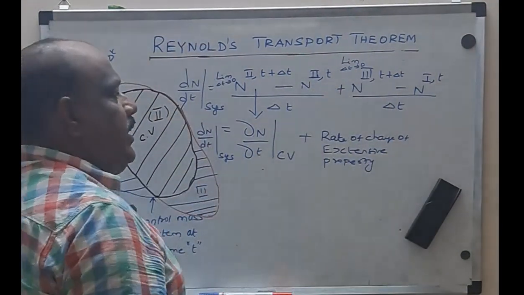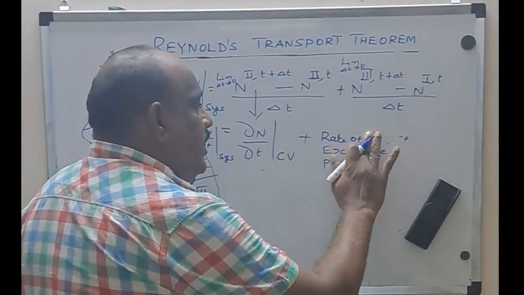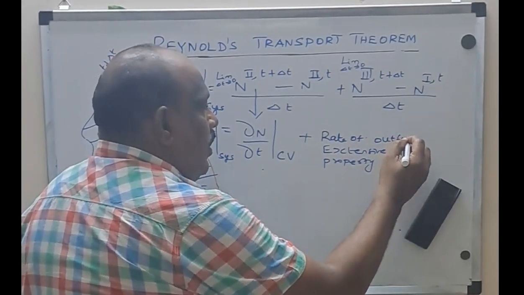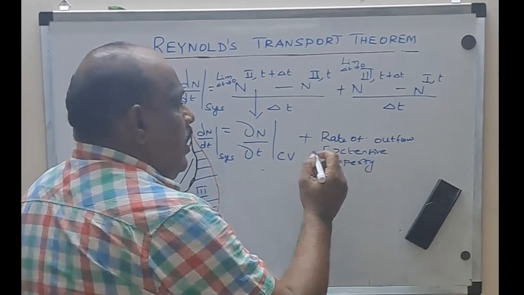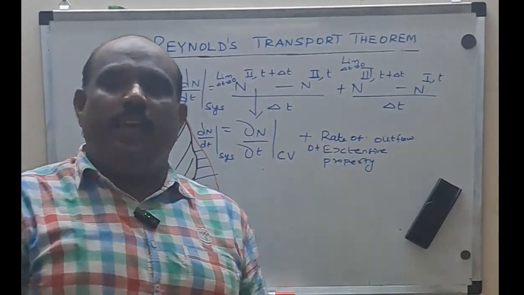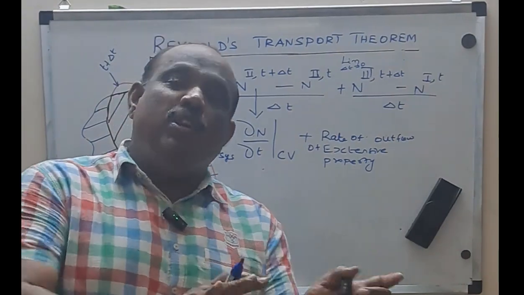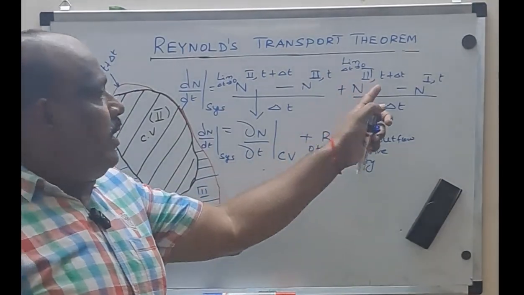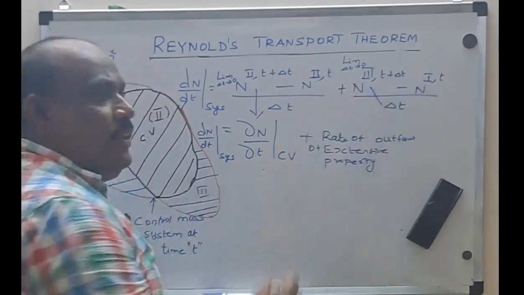Since it is 3, instead of rate of change of, I can even say rate of outflow of extensive property. How the extensive property is coming out of the control volume, because the domain is 3.